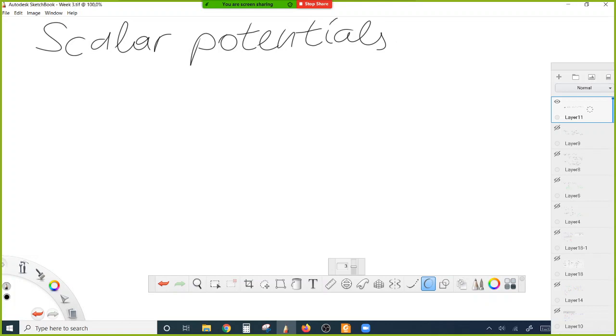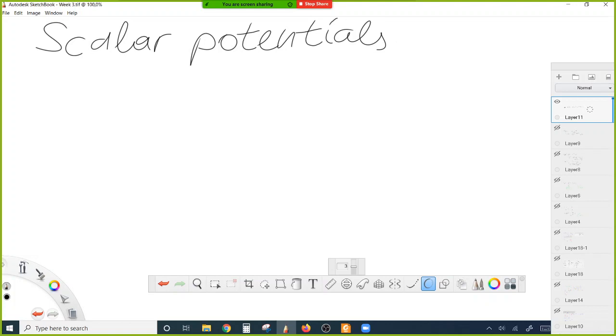If the time derivative of magnetic flux density in Faraday's law is zero, in this case the electric field intensity is curl free.